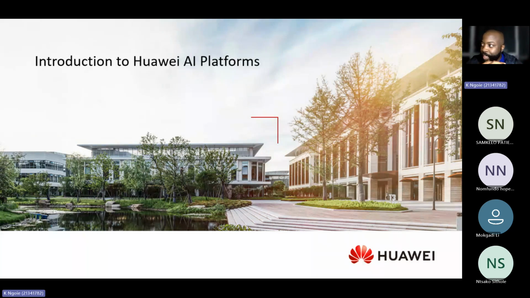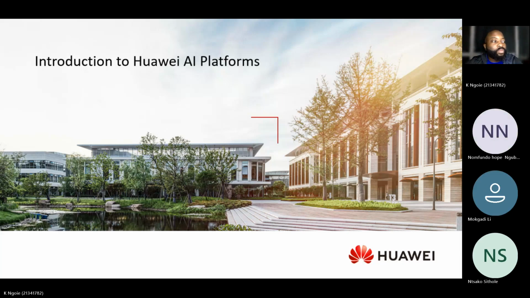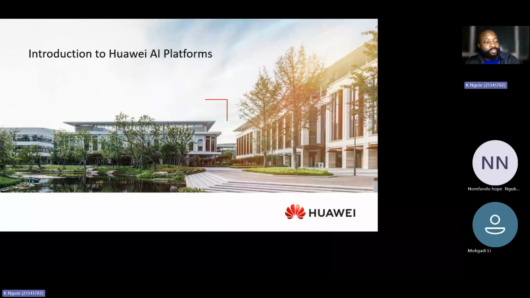Okay, tell us, you want to create an image classification model to distinguish between oranges and apples. What do you need to do that? What will you need?